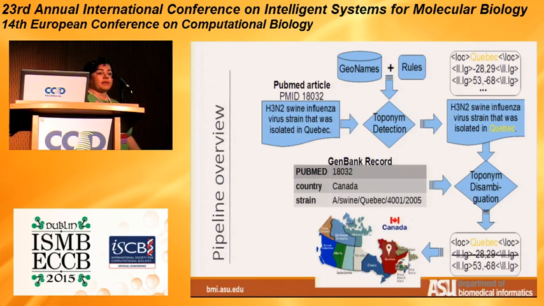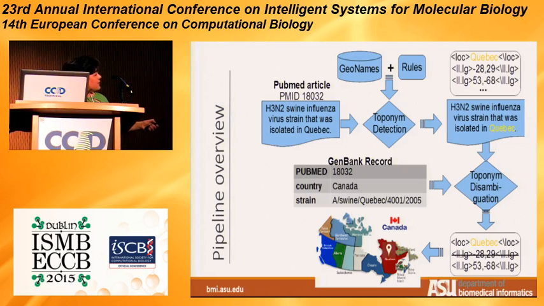So Republic of Korea is in GeoNames, but Korea is not on its own. So we had to adjust for that. And you don't want to always take a subset of a match and call it a match in all cases. So it gets tricky, as always.